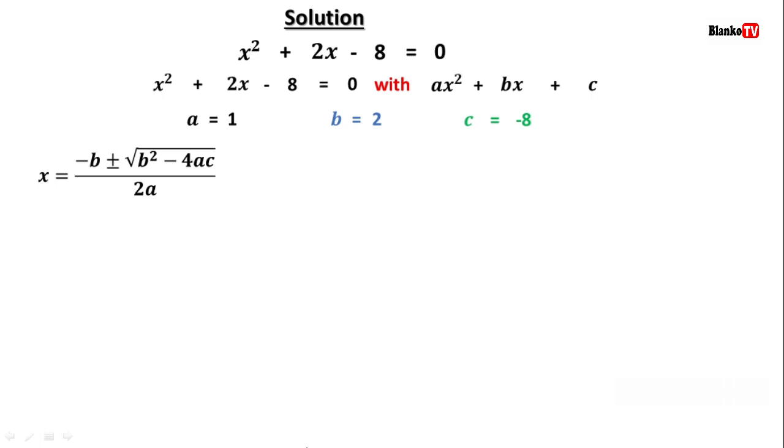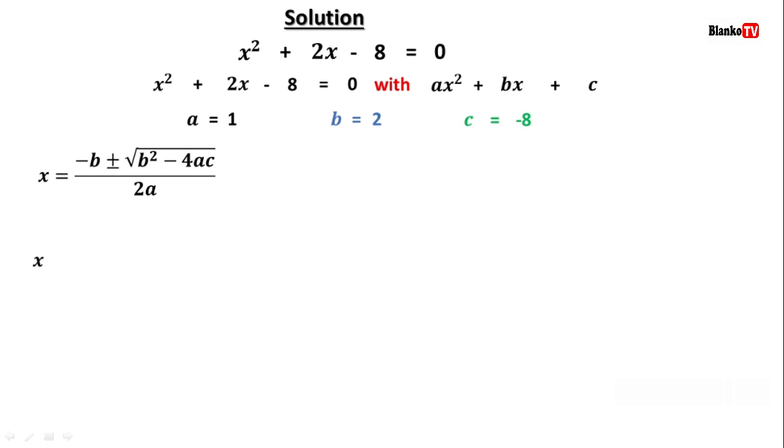What we do is substitute the values of a, b, and c into our formula. So a is 1, b is 2, c is negative 8. We substitute it into our formula to solve for x, or to solve for the roots of the equation.